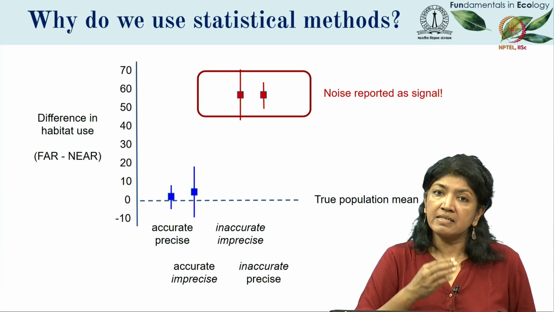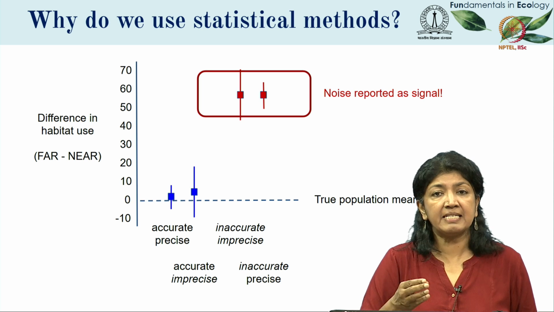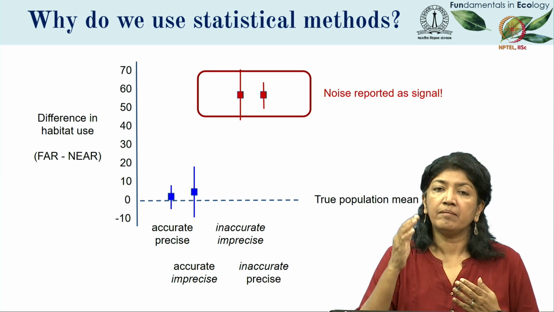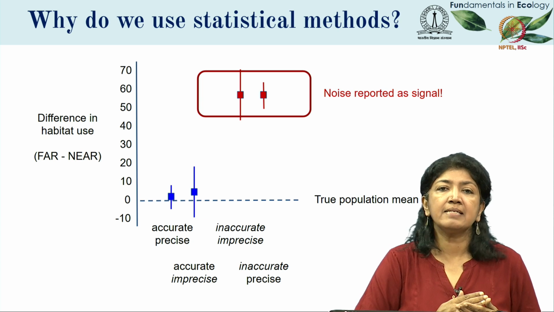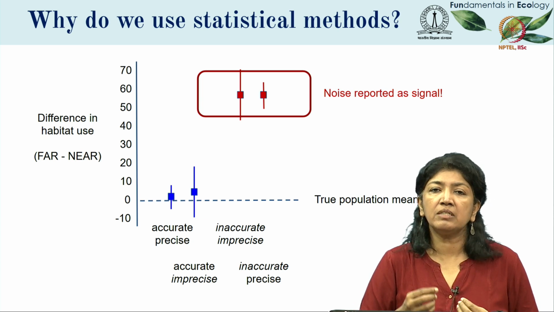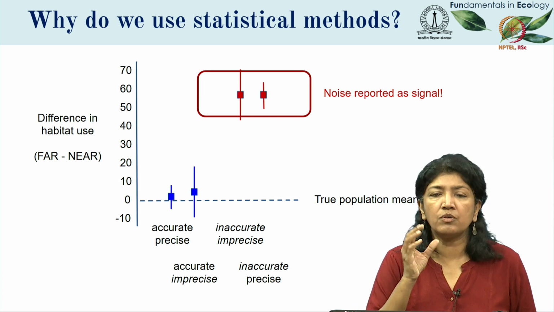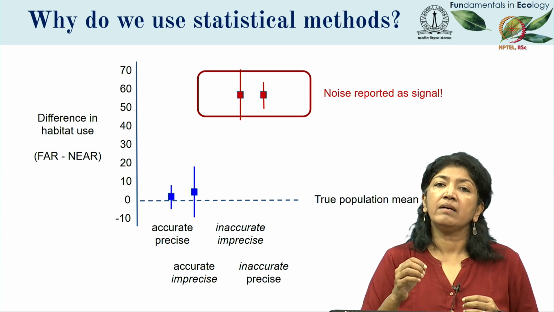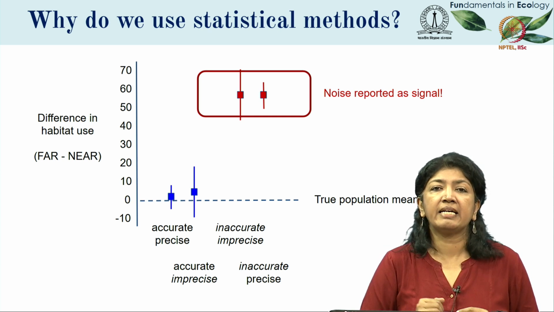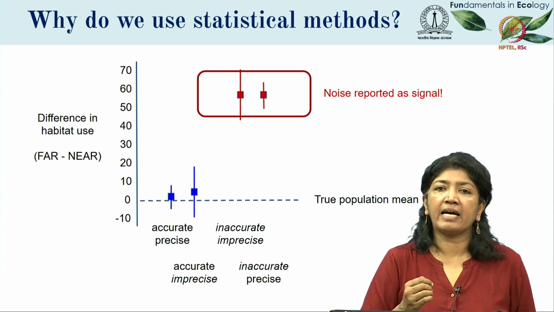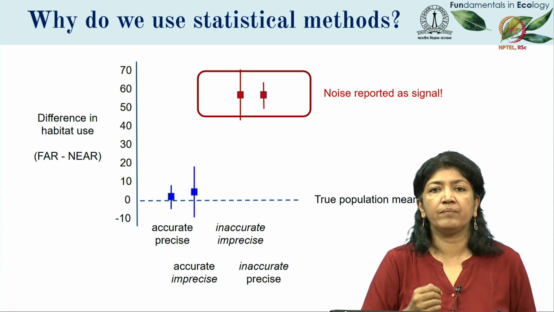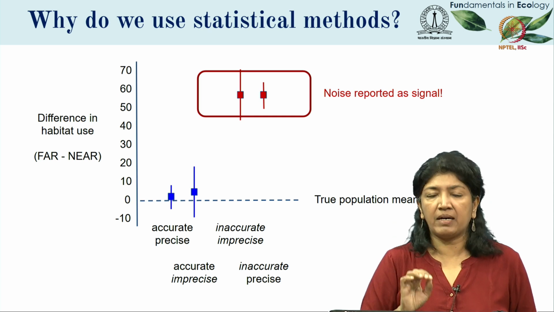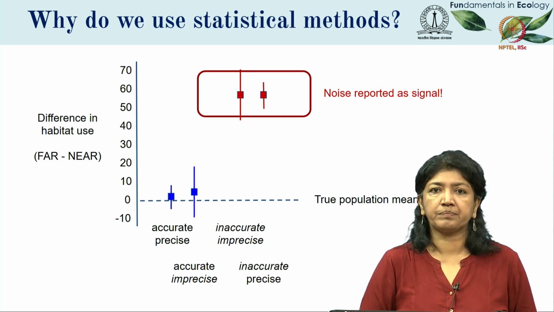There are certain practices in study design which we talked about, which can increase accuracy by reducing bias and increase precision by letting us reduce noise. Similarly, in statistics also there are good practices that can help increase accuracy and increase precision. That is what we will talk about in the last part of these two sessions.